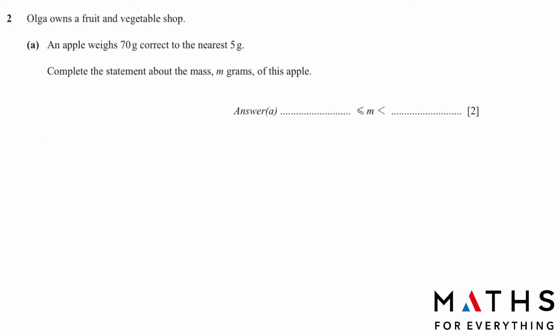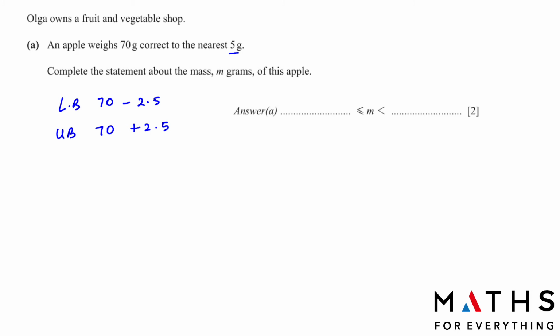Question number 2. Olga owns a fruit and vegetable shop. An apple weighs 70 gram, correct to the nearest 5 gram. Just remember, whenever you're rounding to 5, for the lower bound you will subtract 2.5, and for the upper bound you are going to add 2.5.